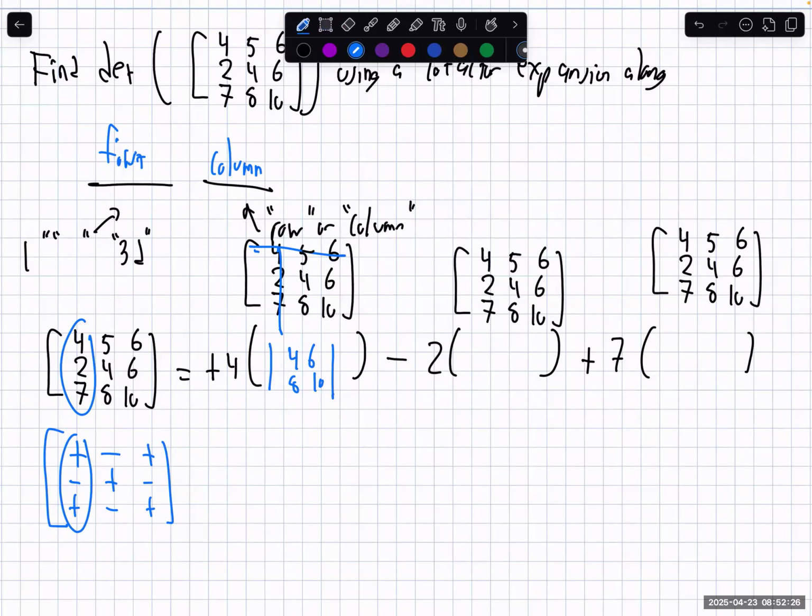And then here, cross out the rows: 2, 5, 6, 8, 10, 7, 7, 5, 6, 4, 6.